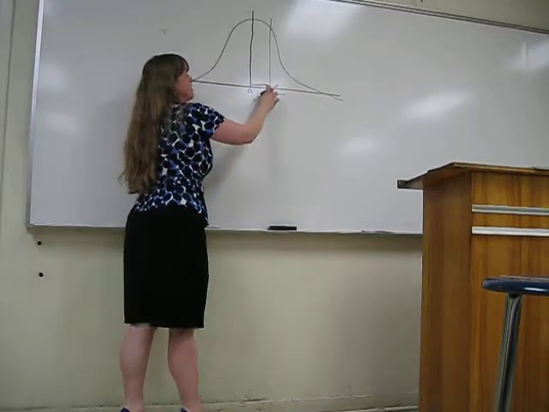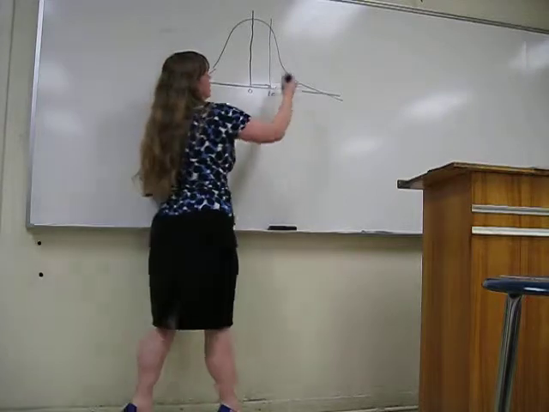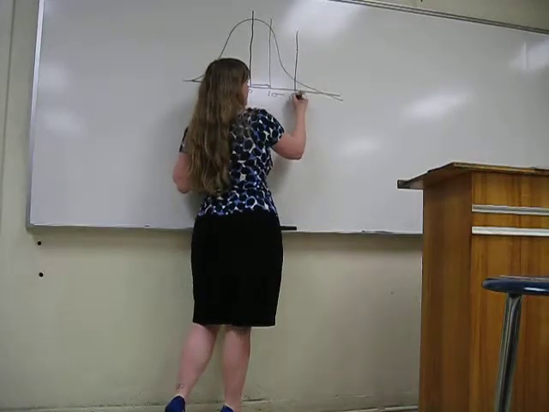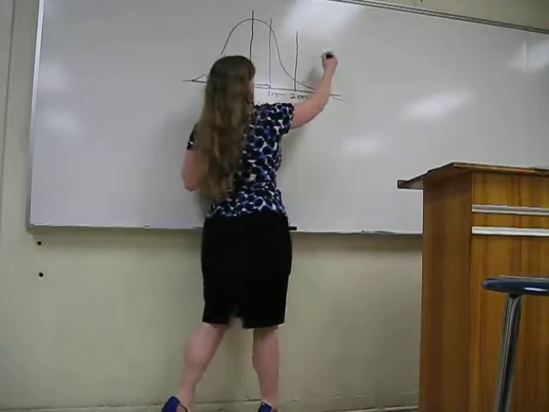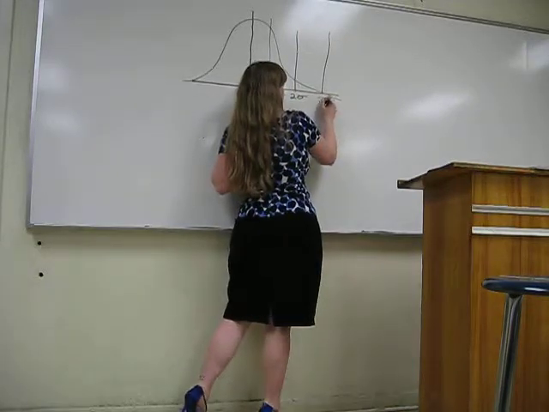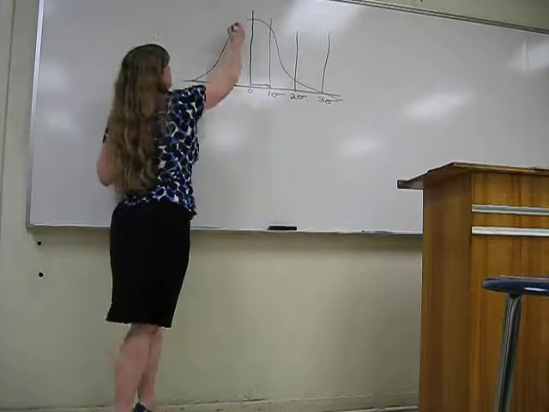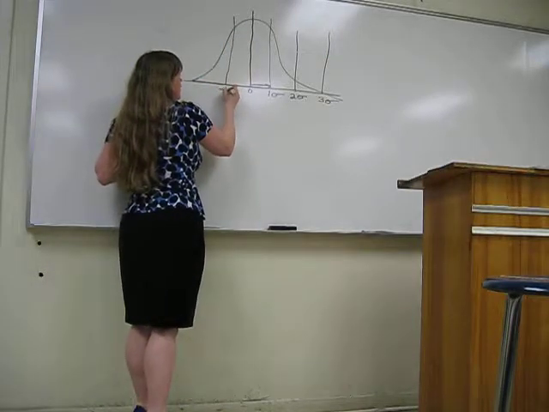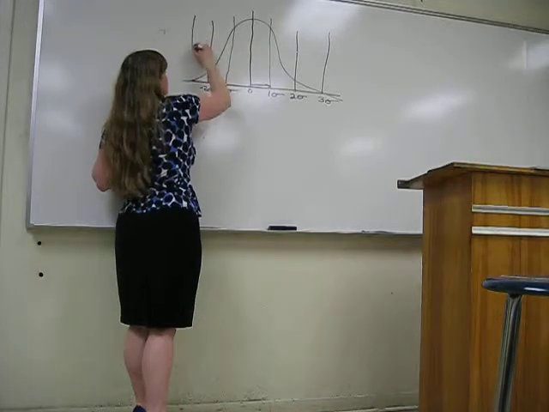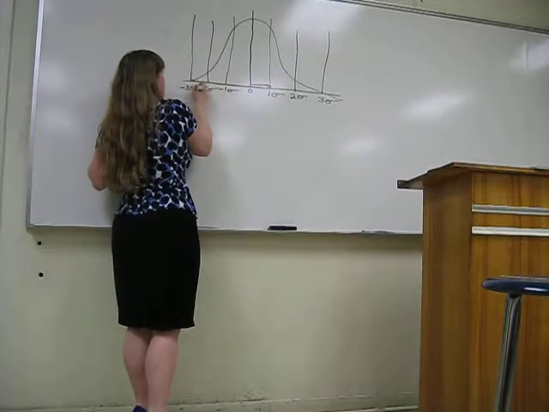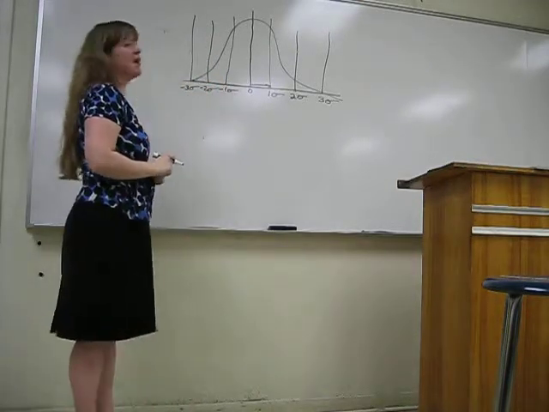Here's 2 standard deviations above the mean. Here's 3 standard deviations above the mean. Here's 1 standard deviation below the mean. Here's 2 standard deviations below the mean. And here's 3 standard deviations below the mean. Right? Remember that?